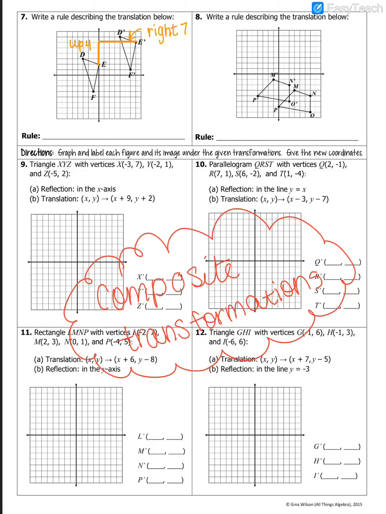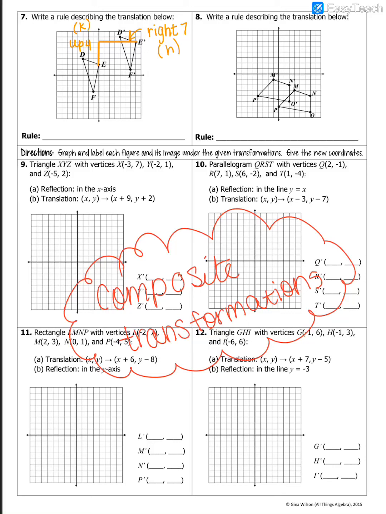So we moved up 4 and we moved right 7. So our horizontal shift, which is H, according to our rule, is going to be 7. And then our vertical shift, which they define as K, is going to be 4.